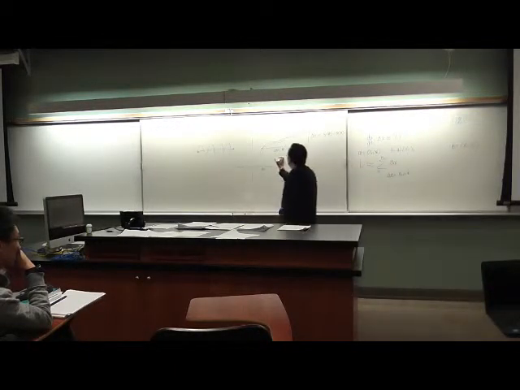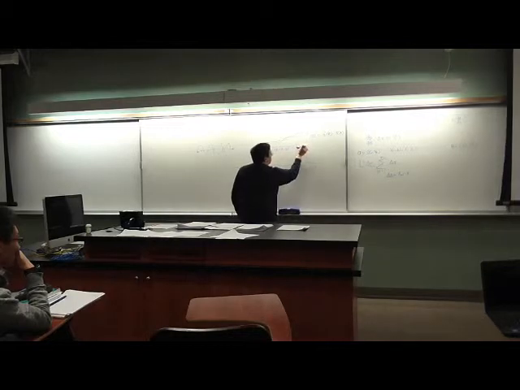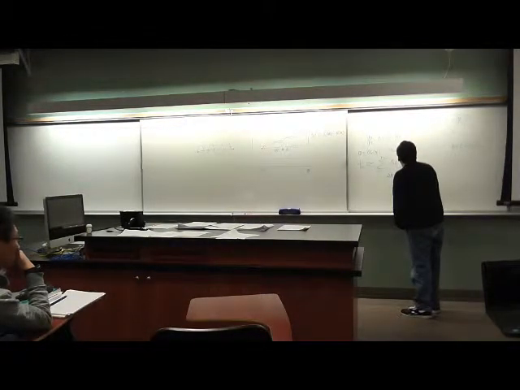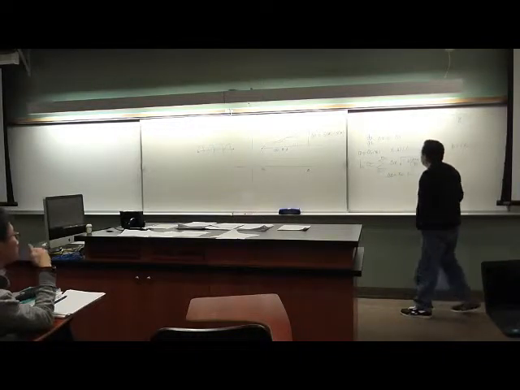In other words, just each of these delta x's here. And this again is times the square root of 1 plus (dy/dx at x sub i) squared.